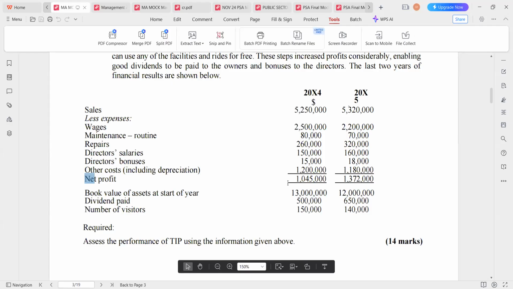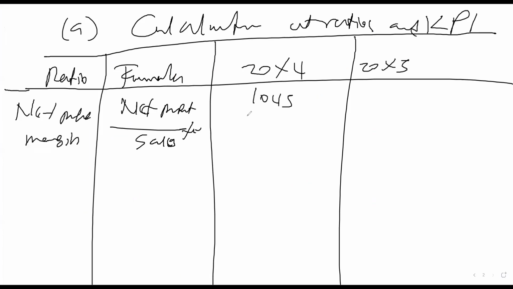What is the net profit for 2014? Raise three zeros. So just see 1045. What's the sales revenue for 2014? $5250.